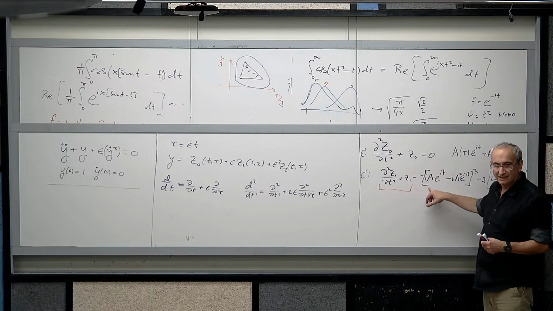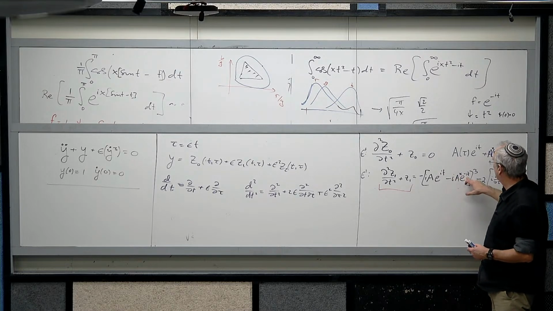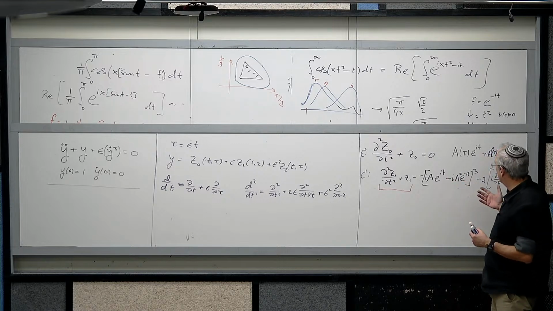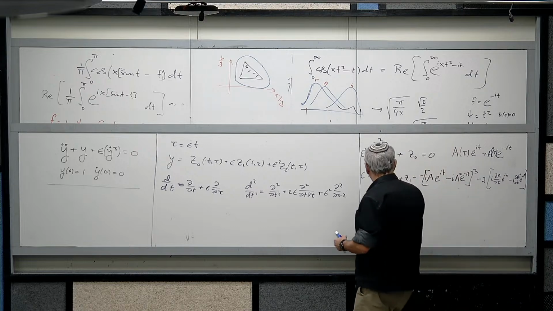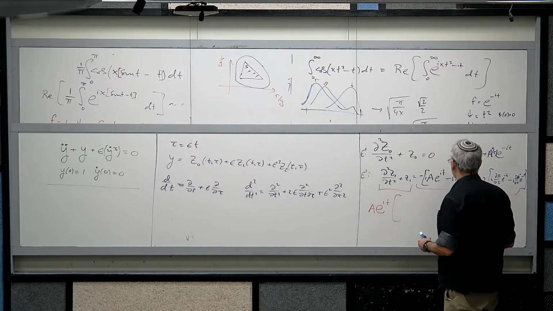So we want to avoid resonances. We want to kill everything that is e to the it or e to the minus it alone. So what will give us a contribution? For example, what will be the coefficient of e to the it in this expression?